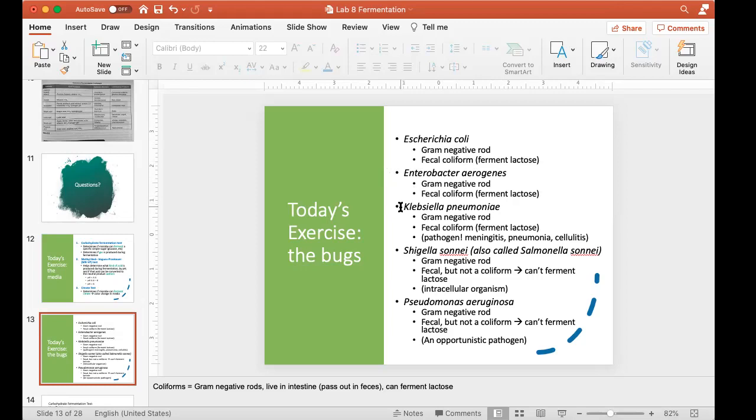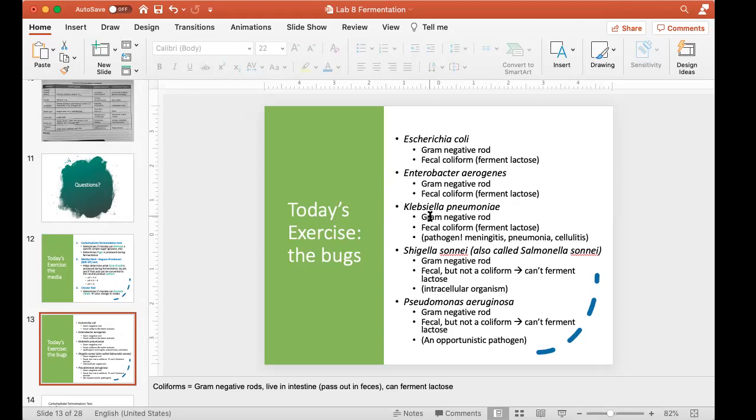Third is an organism called Klebsiella pneumoniae, also gram-negative, also a rod, also a fecal coliform. We're sensing a pattern here. Klebsiella is an interesting organism because Klebsiella is, in some cases, pathogenic. There are some pathogenic strains of Klebsiella pneumoniae, just like there can be pathogenic strains of E. coli and pathogenic strains of Enterobacter.